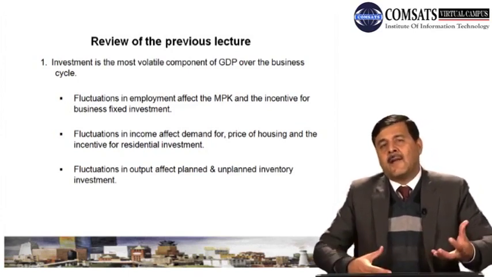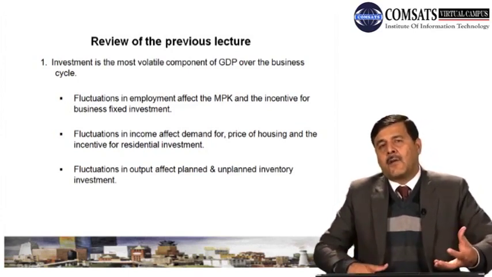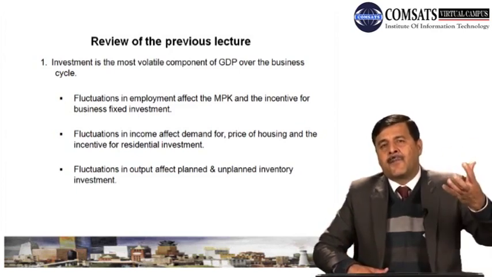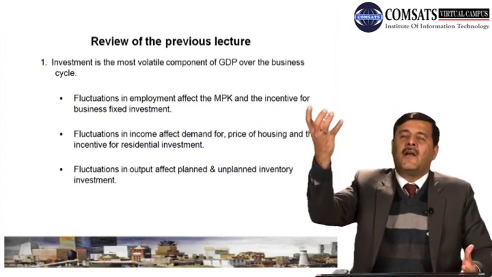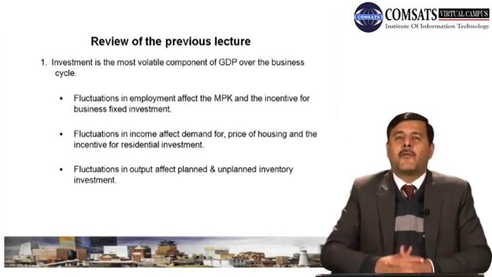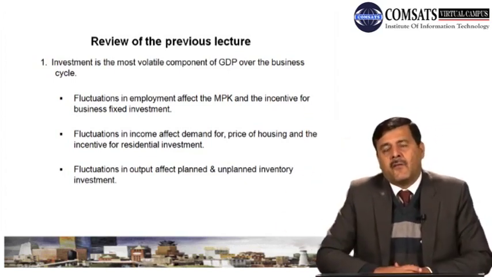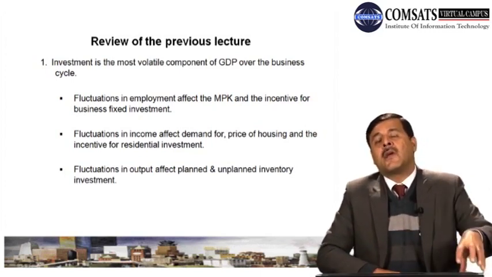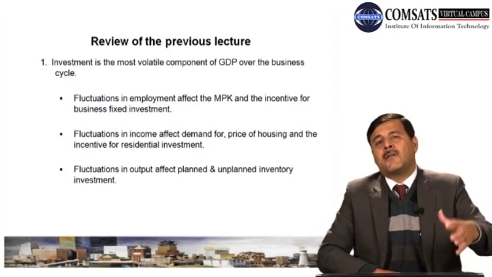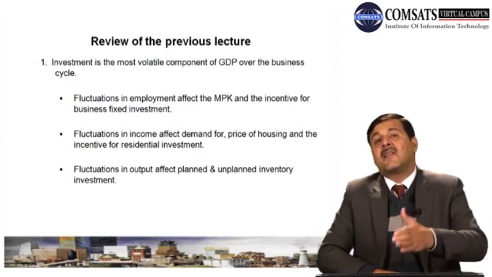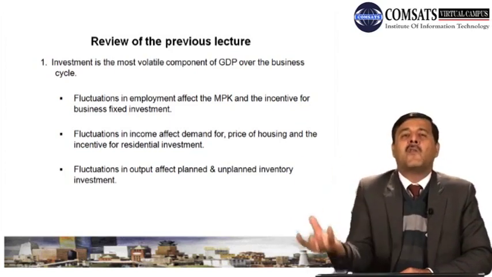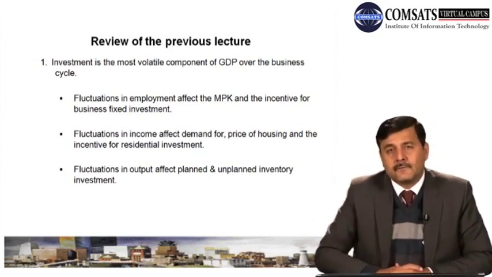So we can say that as per new classical theory, if the profit rate is high, then the Q value will be high. When the Q value is high, of course the investment will be high in the country and the economy. If the profit rate is low, in other words marginal productivity is less than the cost of capital, then the Q value will be low, right?